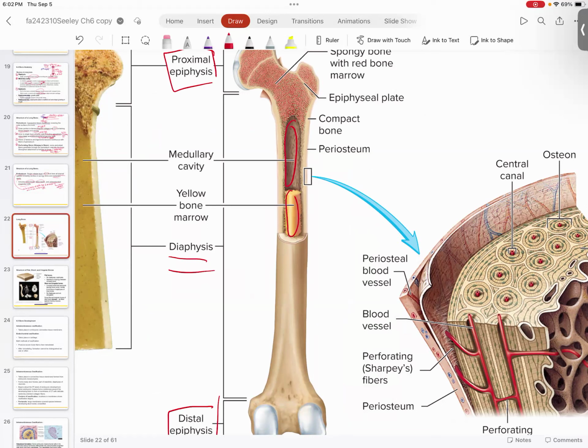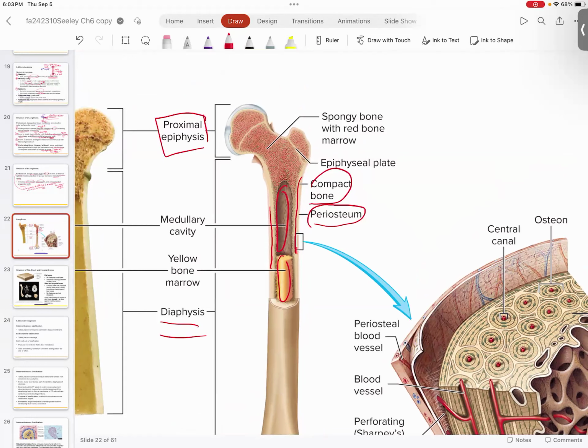On the outside edge is compact bone, that little line of compact bone going down the outside edge, and around that is a wrapping of periosteum. In the epiphysis, you'll notice pretty much all spongy bone. And at the epiphyseal plate, in this case, it's not a plate, it's actually a line because it's ossified. You'll see this little line of compact bone that separates these two regions of spongy bone.